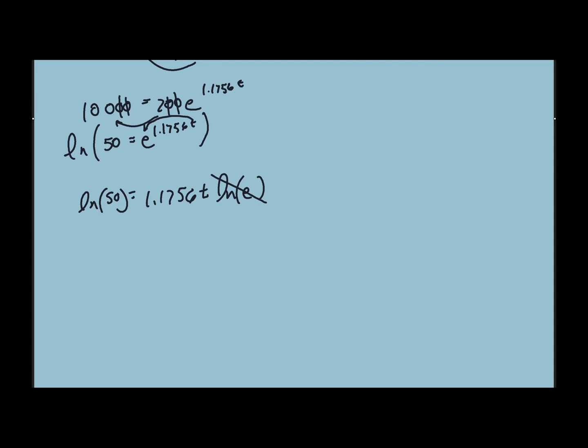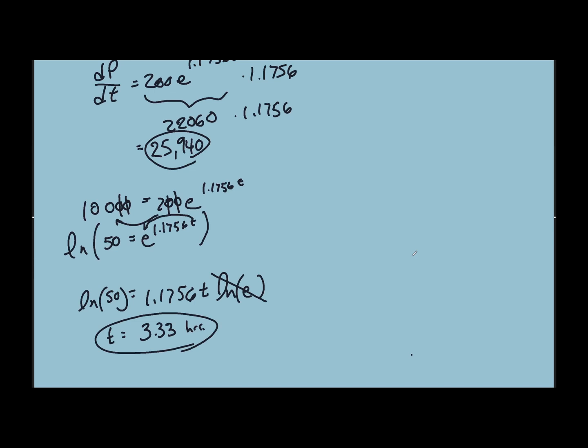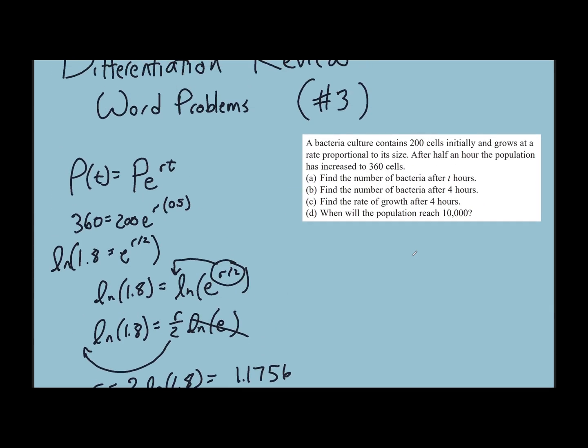So now we just divide and we get t equals ln of 50 over that. And that should compute out to about 3.33, and that's in hours. So in another 3.33 hours from start, we're going to have 10,000 bacteria. And that's all they're asking for here.